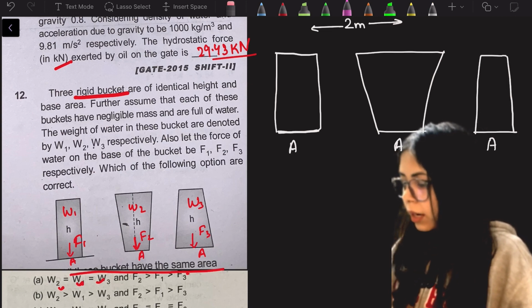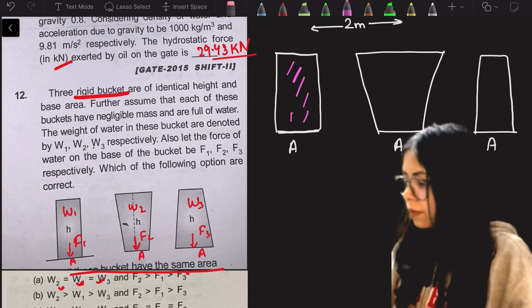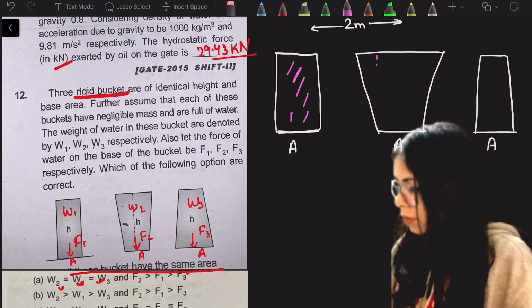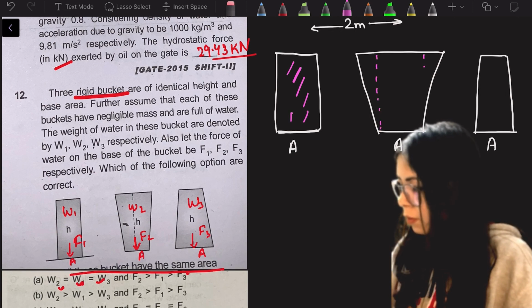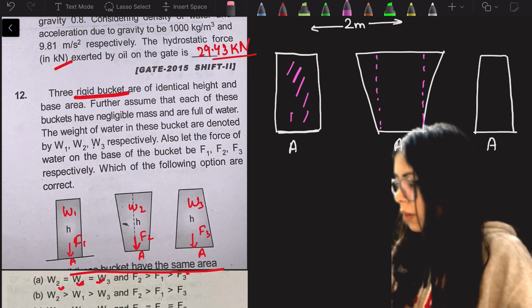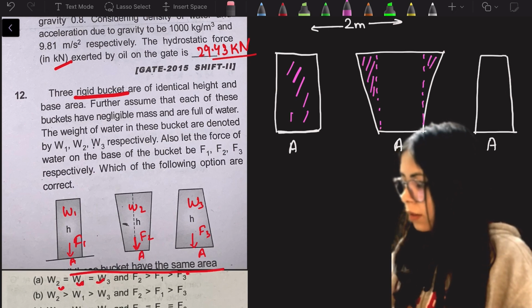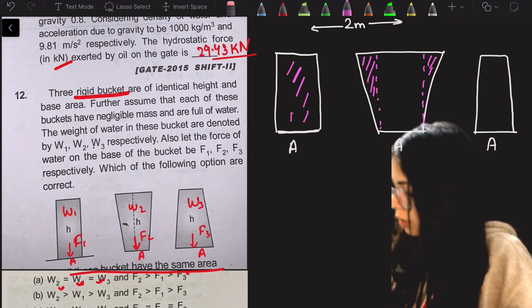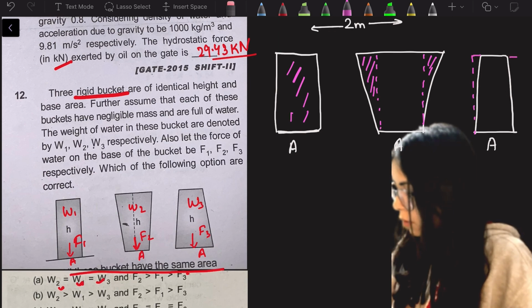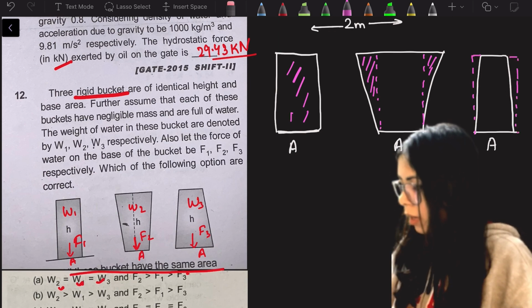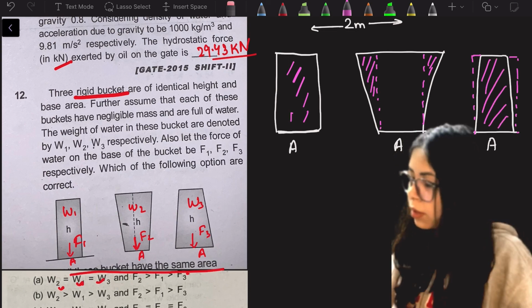So if the first bucket has this much water, the second, if I compare it with the first, will be somewhat like this. There we are having more water than the first bucket. In the third bucket, if we compare it with the first bucket, it will be somewhat like this. So here the water is less than the first bucket.